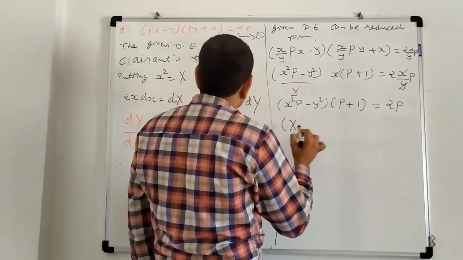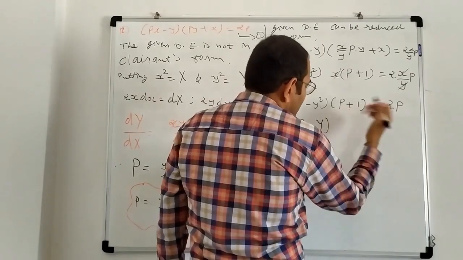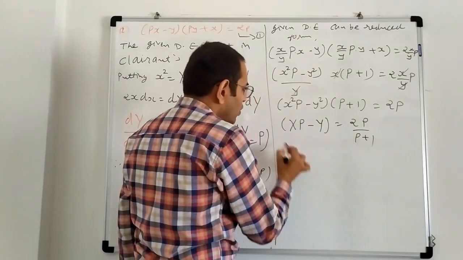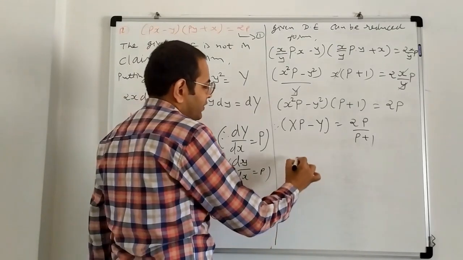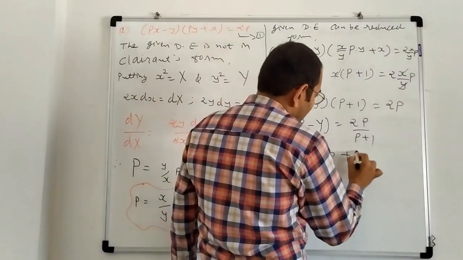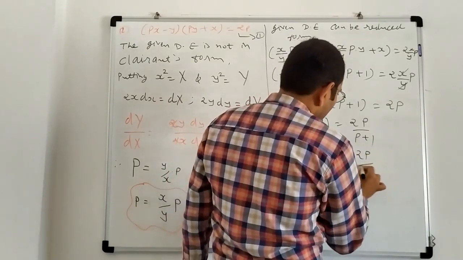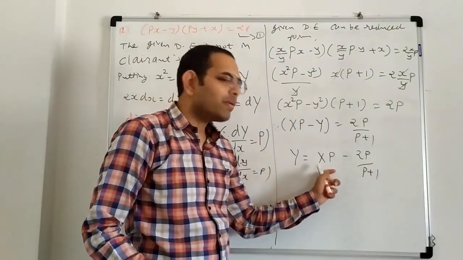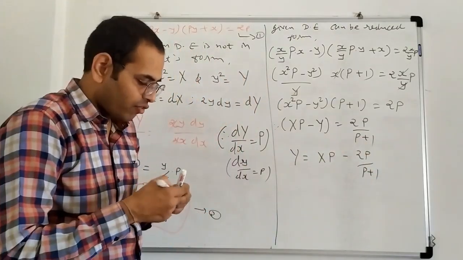Then we get XP − Y equals 2P upon P + 1. Now to make Y the subject, Y equals XP − 2P/(P + 1). This means Y equals XP plus a function of P, which is Clairaut form.